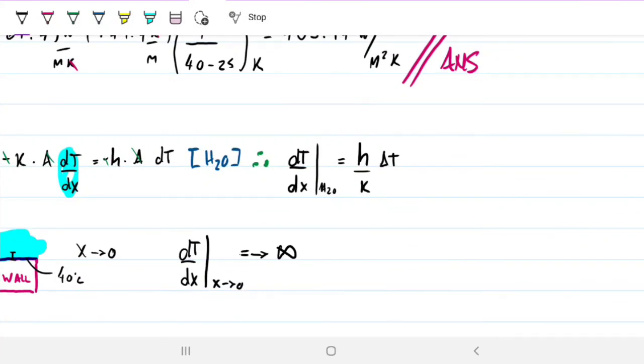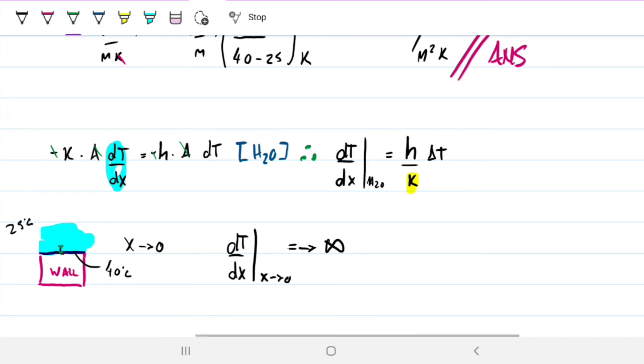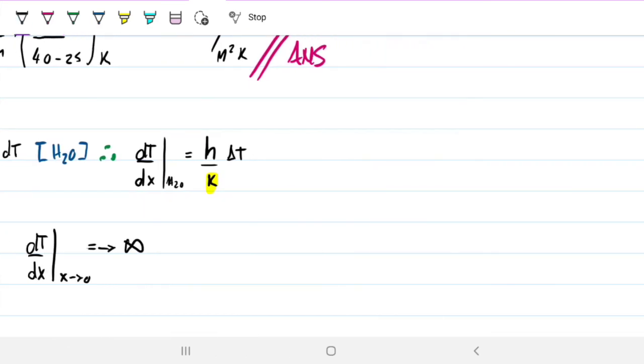We know all these things, and now the only thing that is going to change from our previous equation is that now we're not really interested in the conductivity of the steel, because we're looking only at the conductivity of water. We want to know on that water barrier there, when we're going from that 40 in the water to that 25 in the water, both things in the water, then what is our dT/dx? And this will be 705 over 14.